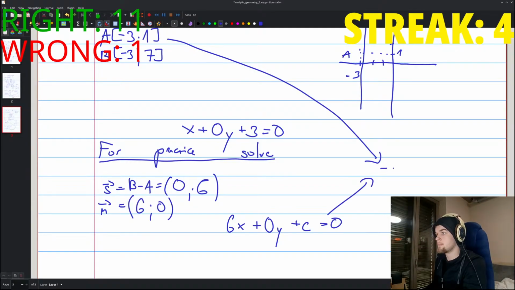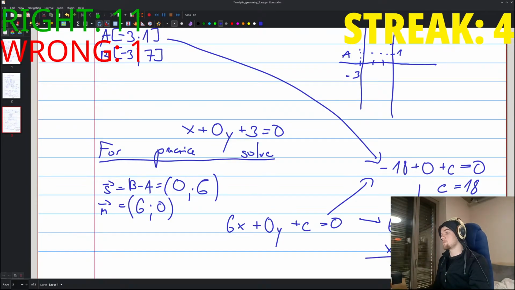So we get minus 18 plus 0 plus C is equal to 0, which yields that C is 18, which leaves us with 6x plus 0y plus 18 is equal to 0. Now we divide by 6, and we are left with x plus 0y plus 3 is 0. Same solution.